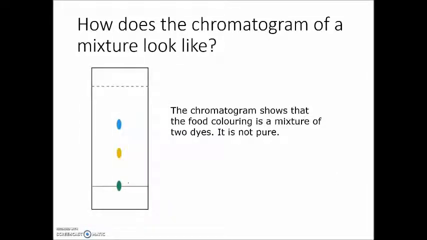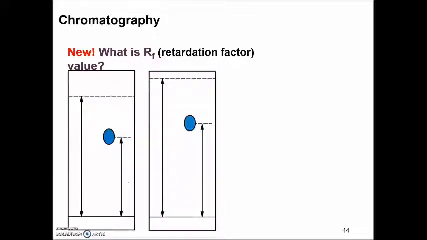Now if the spot has moved from the origin and you see more than one spot, like in this case, then the substance is a mixture. Now we're going to look at something we have not learned before in lower sec, and this value is called the RF value.